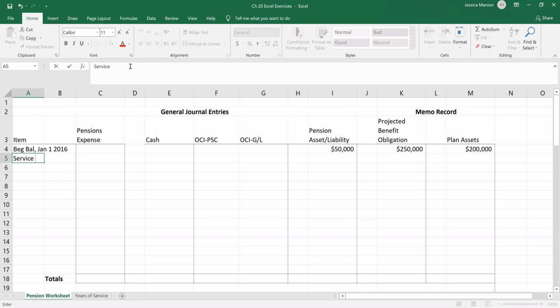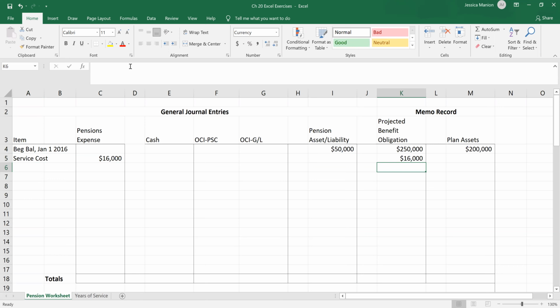Remember, the service cost increases our pension expense, and it also increases our projected benefit obligation. So service cost 16,000 increases our pension expense, and that also increases our projected benefit obligation, right?